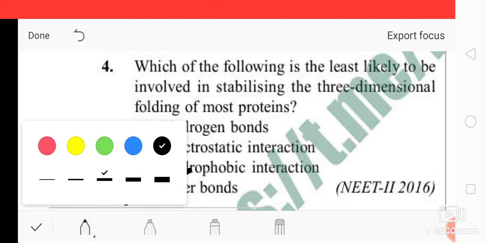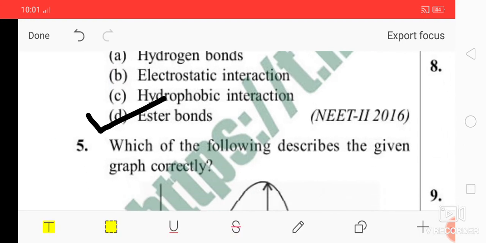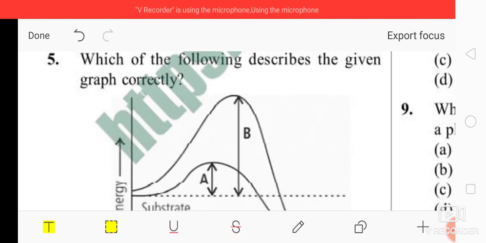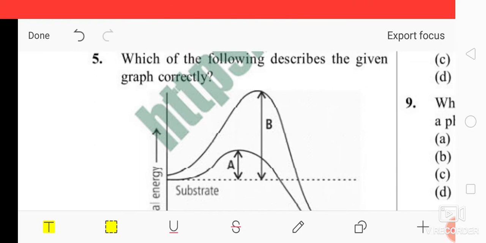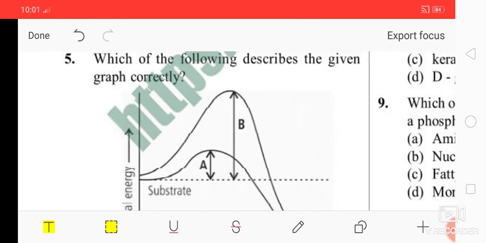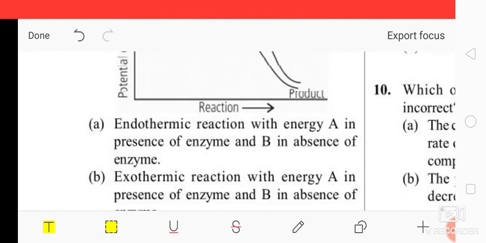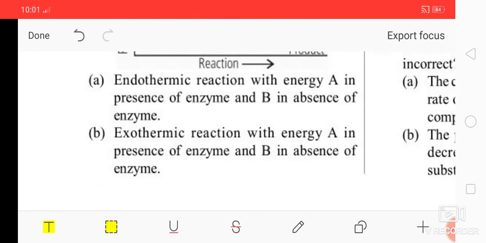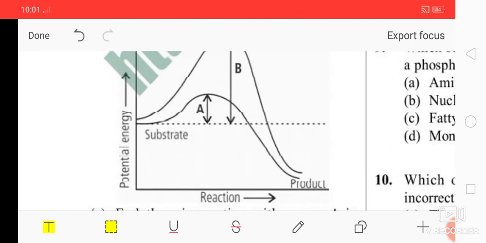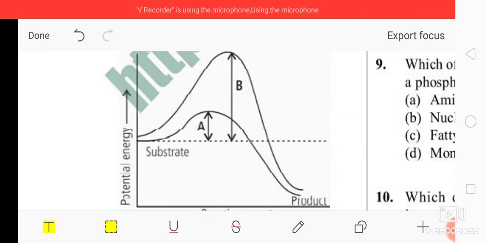Now moving to question number 5. Which of the following describe the given graph correctly? The graph is given and the options are: option A, endothermic reaction with energy A is presence of enzyme and B in absence of enzyme. You can see the graph again.